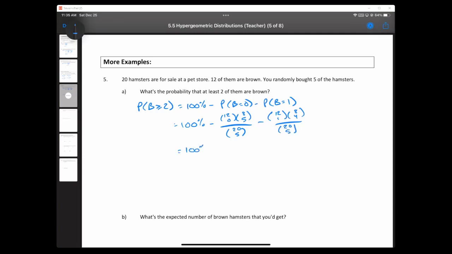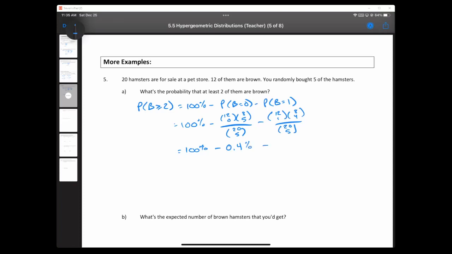And now we can punch that into our calculator. 12 choose 0 is 1, times 8 choose 5, divided by 20 choose 5. Oop, that's actually pretty small. 0.36%. I'm only doing 1 decimal place on these, so I'm just going to do 0.4%.